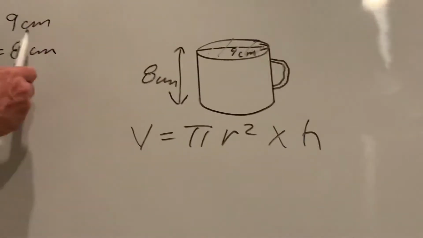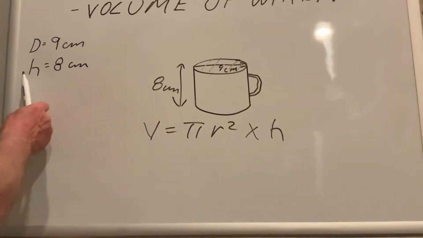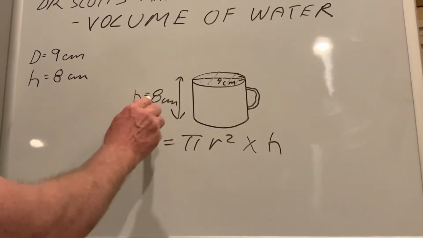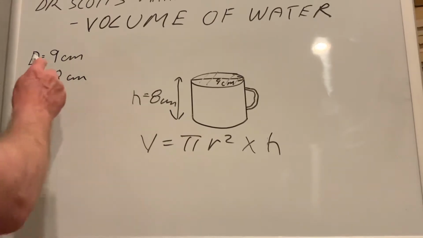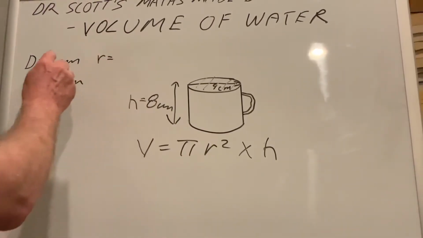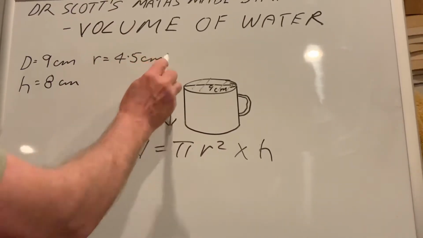So our diameter equals 9 centimeters, and our height equals 8 centimeters. If our diameter equals 9, our radius equals half of that, which is 4.5 centimeters.